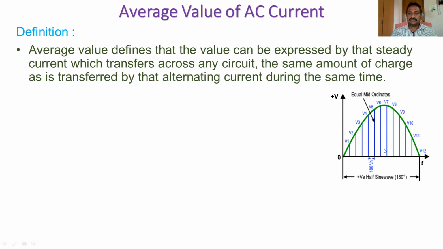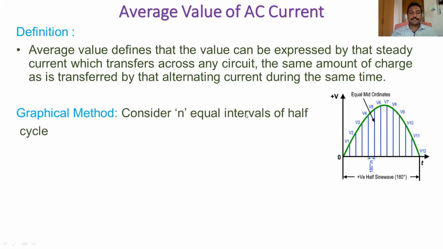Here we consider only half cycle. In this half cycle, at this instant V1, at this instant V2. Like this, we take n intervals for the half cycle. When we consider n intervals of half cycle, the average of these values divided by the base is the average value of this AC current.